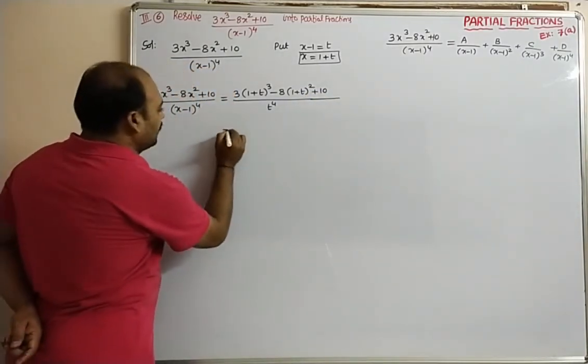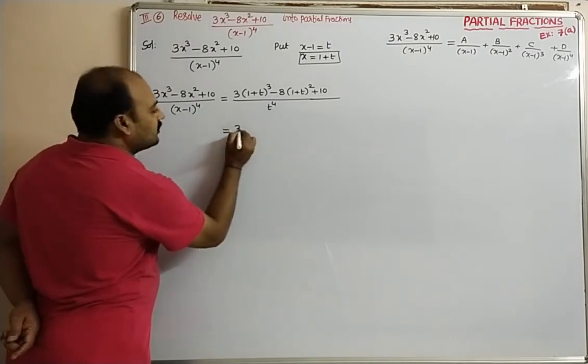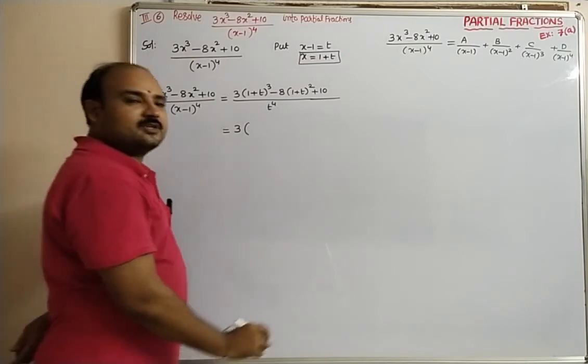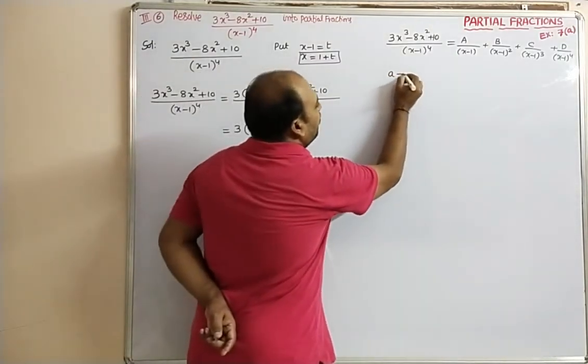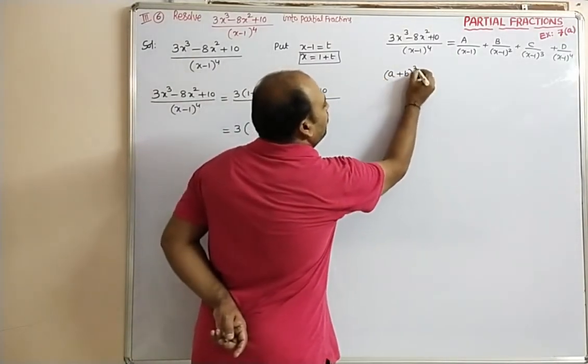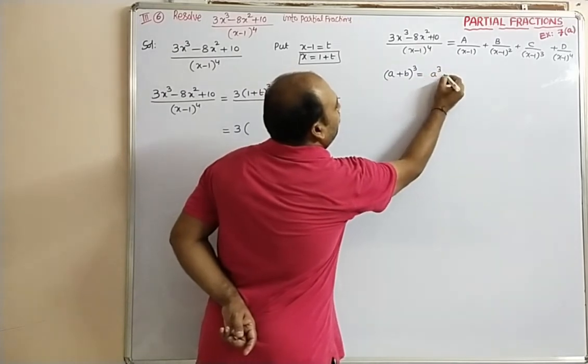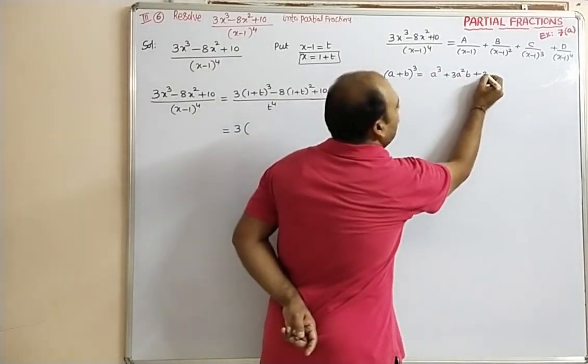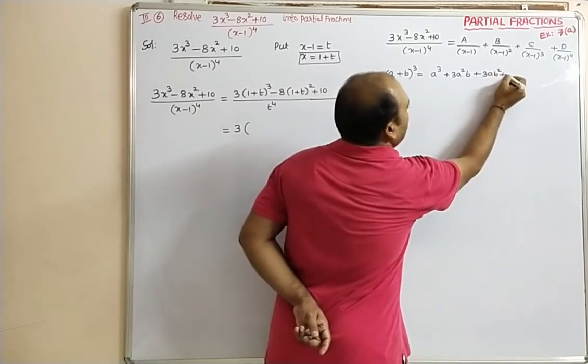For 3 into the a plus b whole cube expansion, what is a plus b whole cube? a cube plus 3a square b plus 3ab square plus b cube.